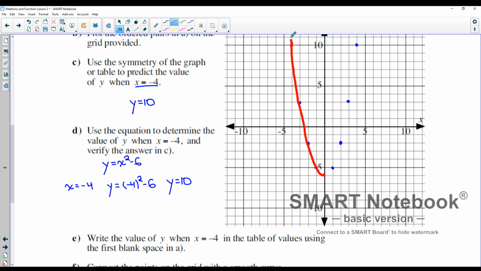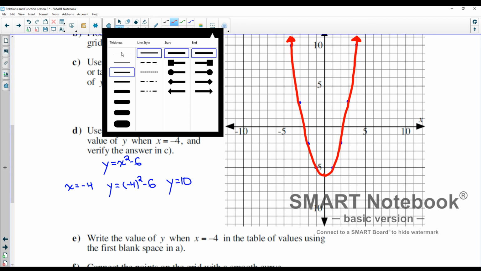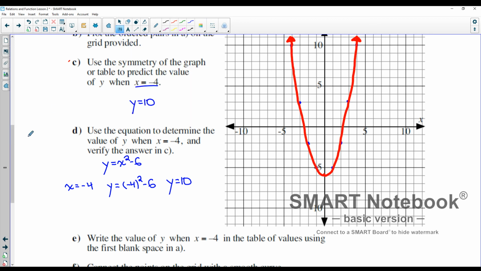Okay, and it's not bad. Put some arrows at the very top there, and then do it in the other direction as well. So we kind of curve, and then we go up, just like that. Okay, so that's a good smooth curve. One thing you want to avoid doing when you're drawing a smooth curve is don't feather it.